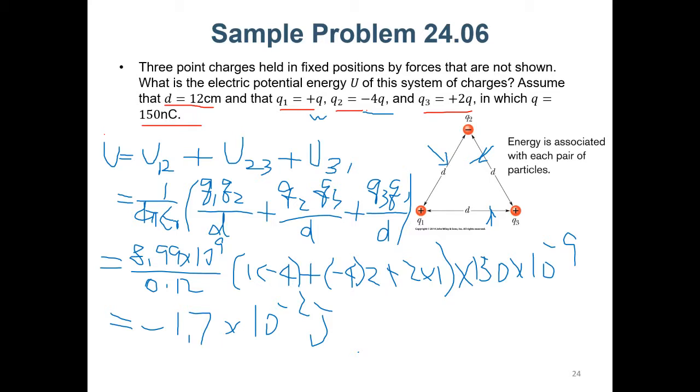If they have the same sign, like 3 and 1 which are both positive, then you need some work done. And for this system, this is positive and this is negative. They tend to attract each other. Only in this configuration can they be held like this.